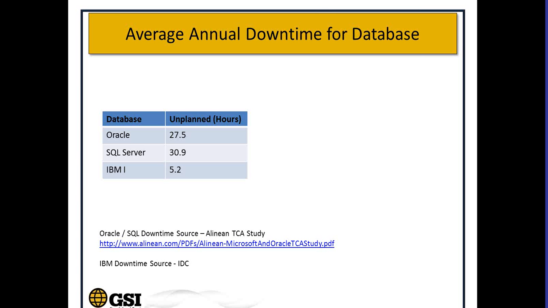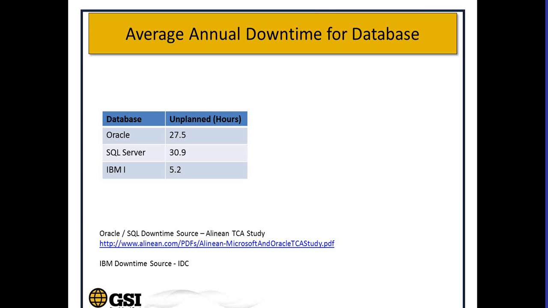But as you can see, if you have a high cost of downtime, and for some of our customers it's $1 million an hour or more, unplanned downtime in a couple of these circumstances would really make the IBM i look a lot more attractive when you're talking about the cost of that downtime.